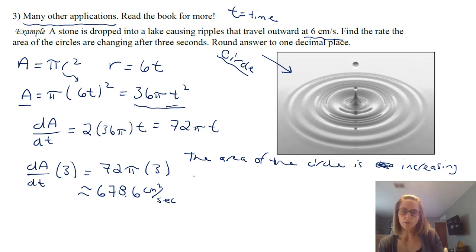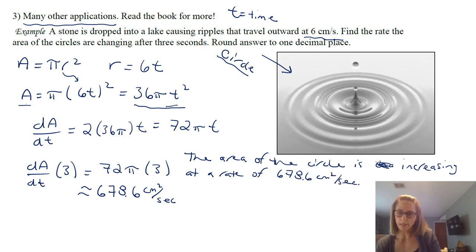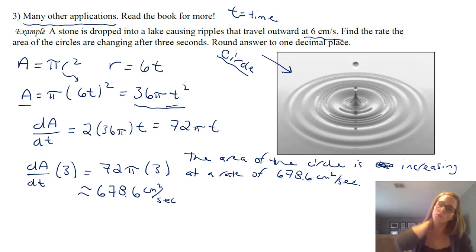So the area of the circle is increasing at a rate of 678.6 centimeters squared per second. That is a way to answer a question like that. You could have said the area of the ripples. I said the area of the circle because the ripples are circles, but I would accept multiple things there, so don't worry too much about that.